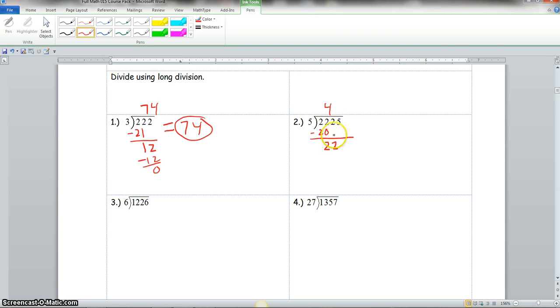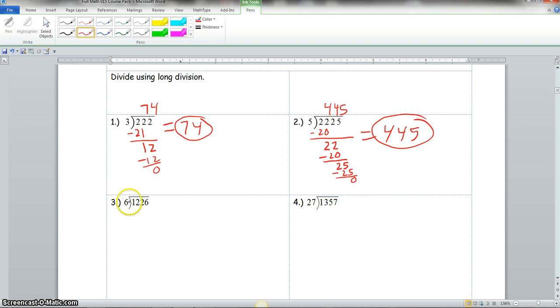You only bring down one extra digit, not both. 5 goes into 22 4 times. 4 times 5 is 20. 22 minus 20 is 2. And then we bring down this 5. 5 goes into 25 5 times. 5 times 5 is 25. We have no remainder. So our answer here is 445.